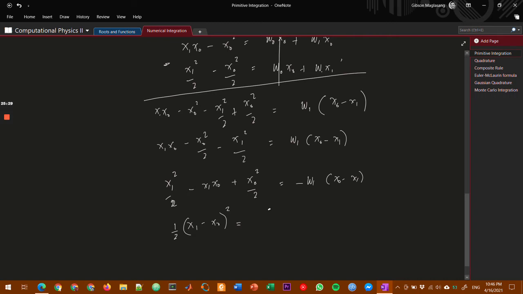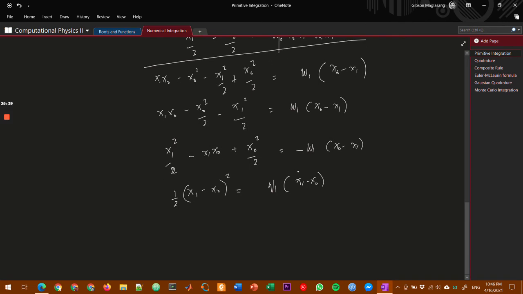And then you have w1, o ibutang ang negative sa sulod, x1 minus x naught. So mag-cancel na siya. So w1 is just x1 minus x naught over 2.